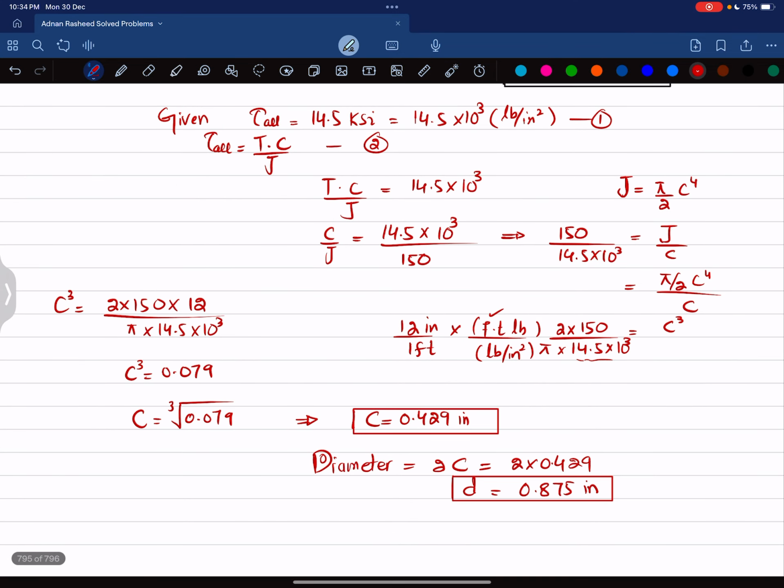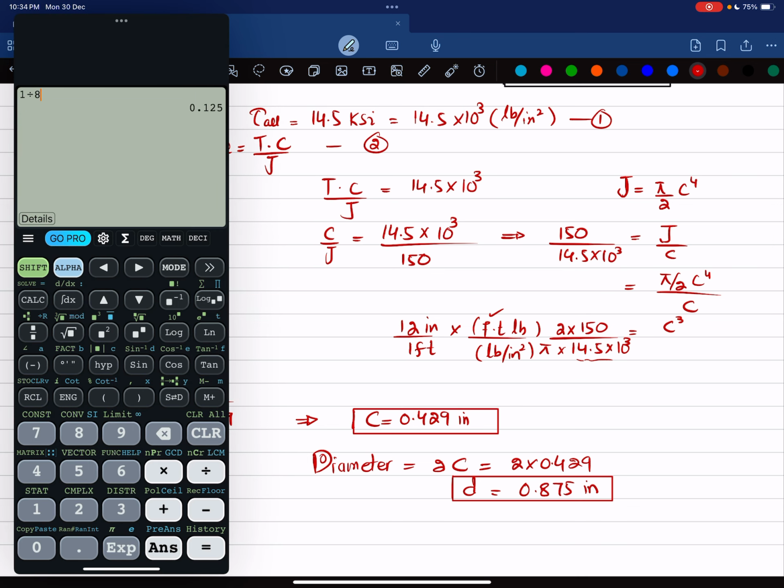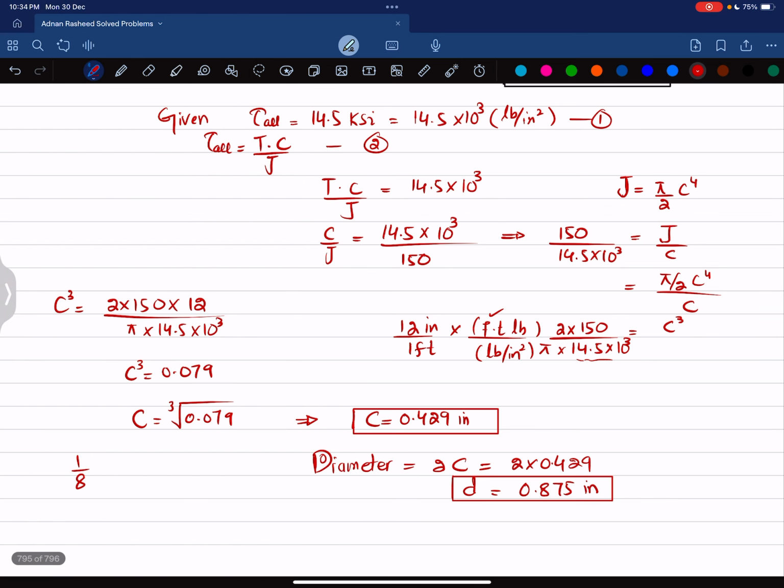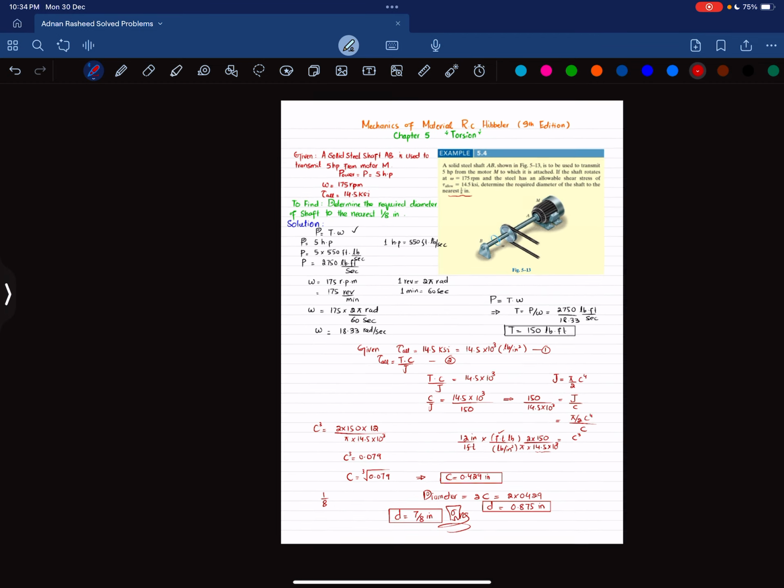So 1/8 inch is 1 divided by 8, and if I multiply this with 7, 7 divided by 8 is also 0.875 inch. So the final answer will be equal to 7/8 inch. You can also write 0.875 inch. Both are correct. And this was all about this example 5.4.